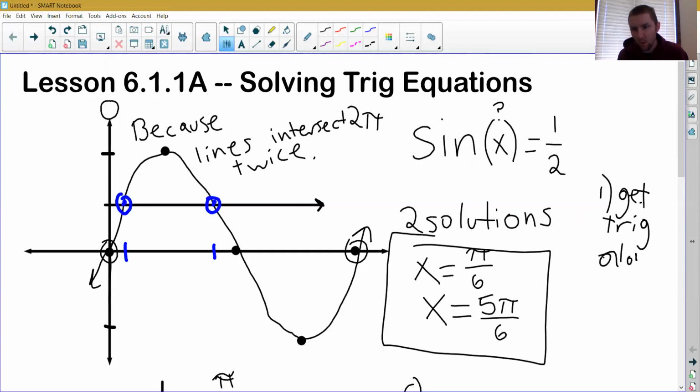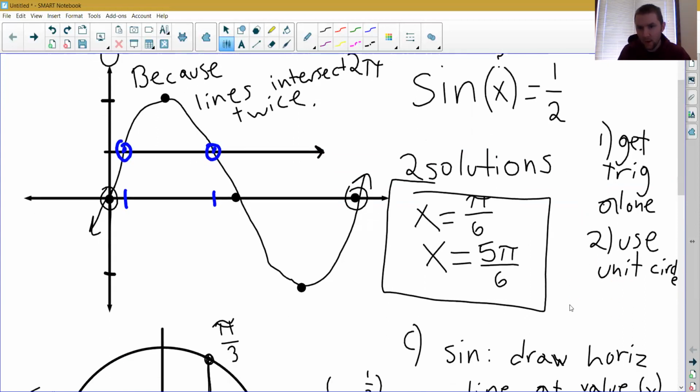That's going to be step one. Get trig alone, and then step two is going to be to use the unit circle, and that's sort of what we just explained in part C, right? How can this help us? All right. So we're going to skip over part D for right now because we're going to get to do something very similar to that in just a second.